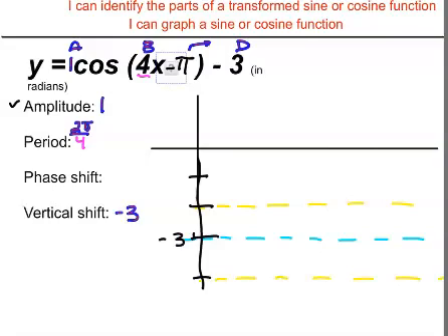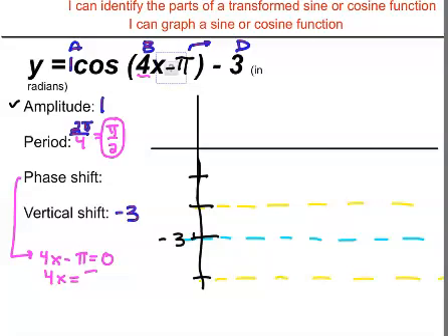So if I go 2 pi over 4, that's the same as pi over 2 for a period. My phase shift I get by going 4x minus pi equals 0, and I'm going to solve for x, I'm sorry. And we end at pi over 4.